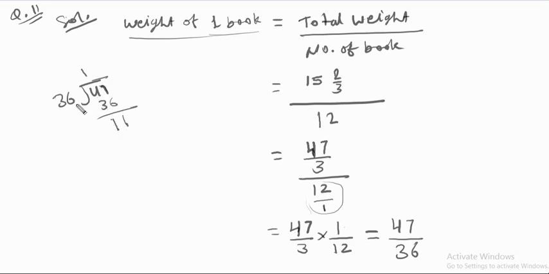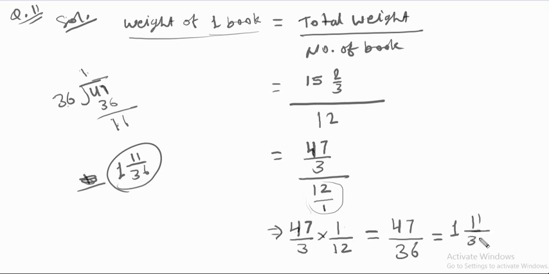So you can write it in this form: 1 and 11 upon 36 kg.